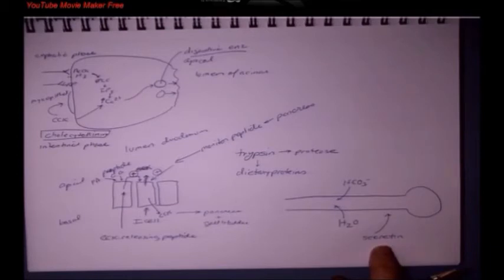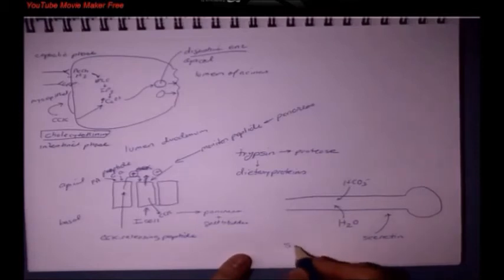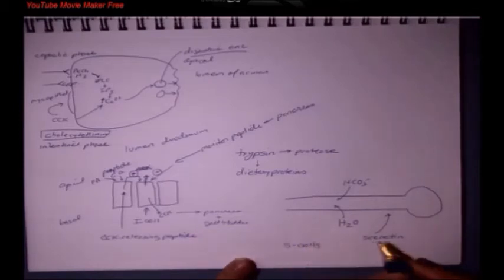Now, secretin is responding to acids coming out of the stomach. And so this is done by cleverly labeled S cells.